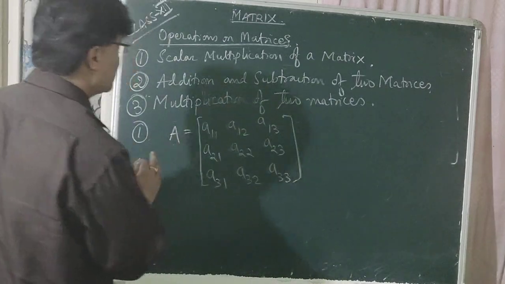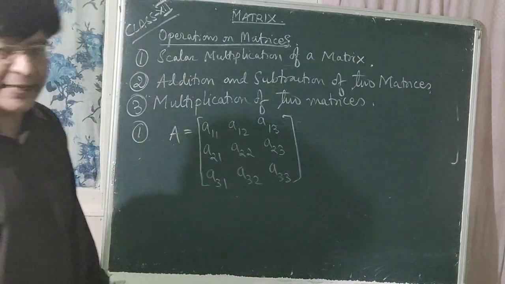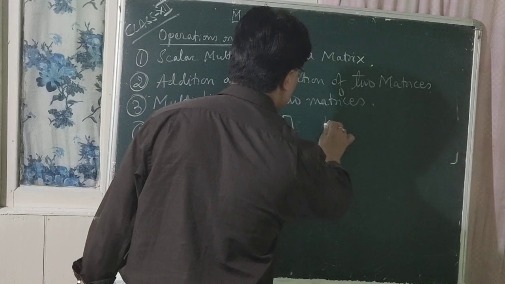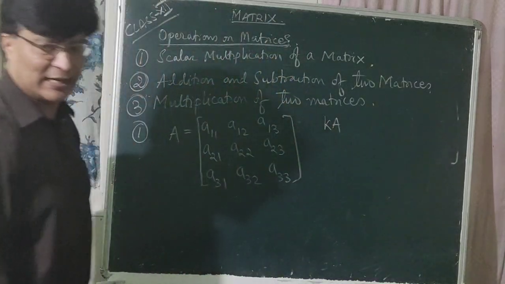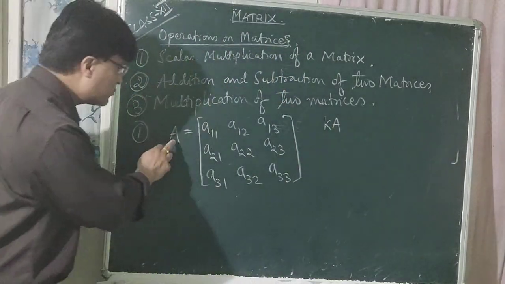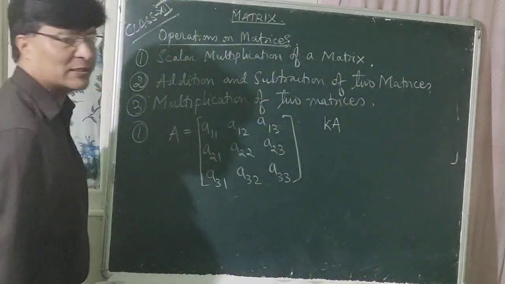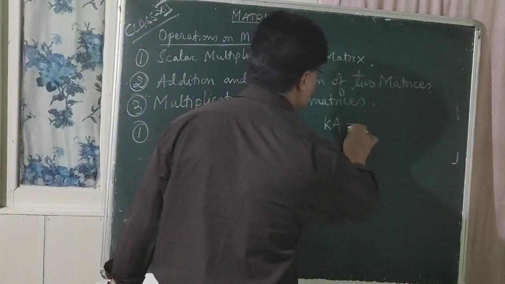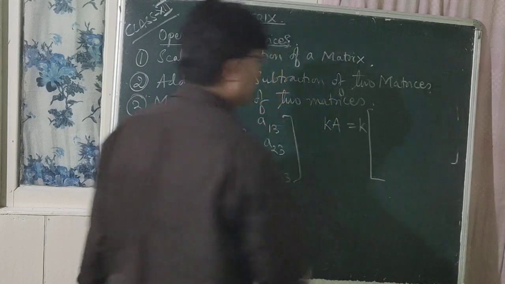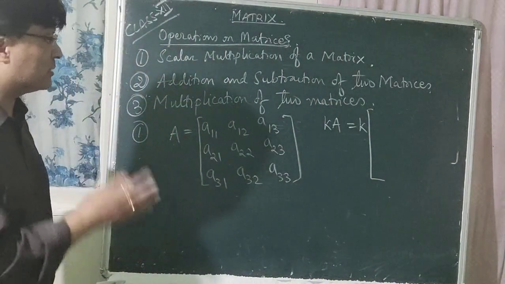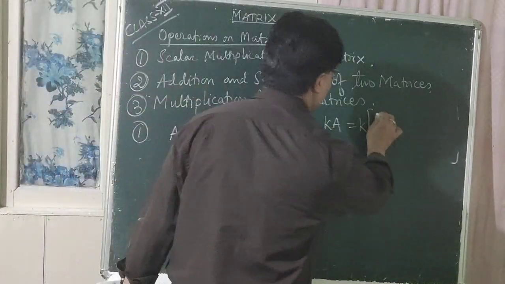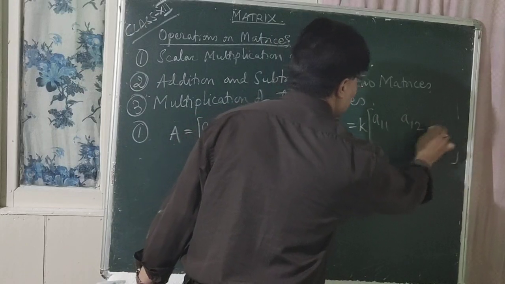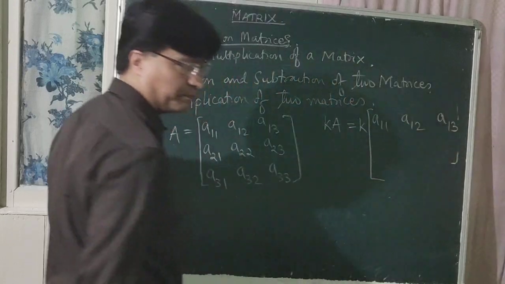Now suppose there is a scalar quantity K, so KA, where K is a scalar. This matrix A is multiplied by the scalar K, which is equal to multiplying the matrix on the right hand side by K. The first row is A11, A12, A13.